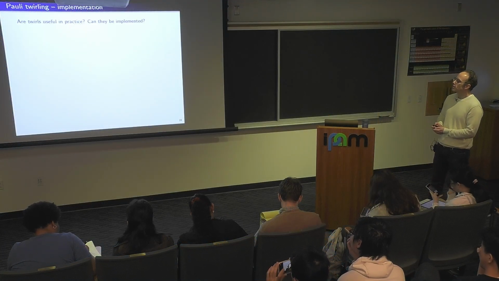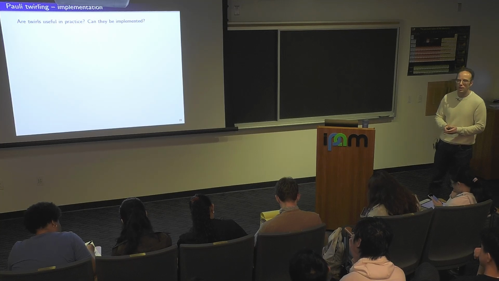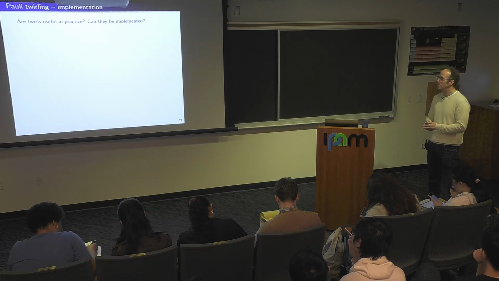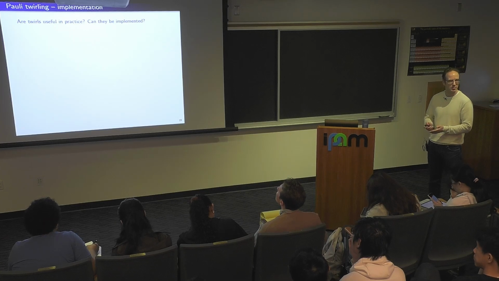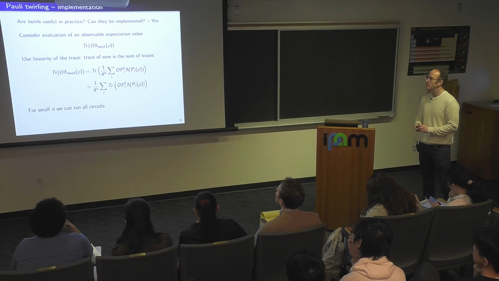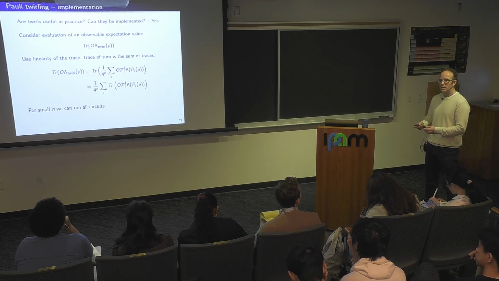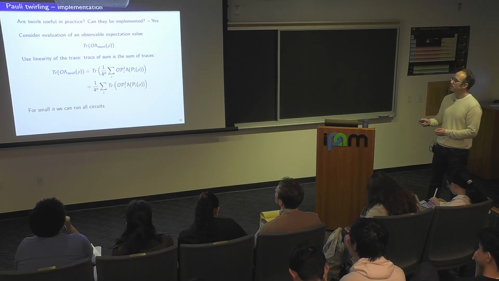Now we take a summation here over 4 to the power n elements, right? Are they useful in practice, and can they be implemented? Yes, it's very useful, and we can implement them, not necessarily exactly, but at least in expectation.